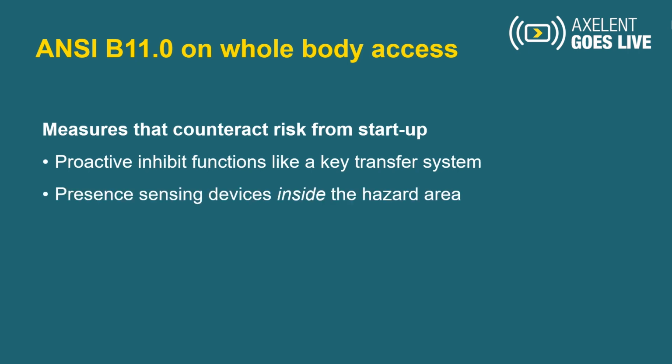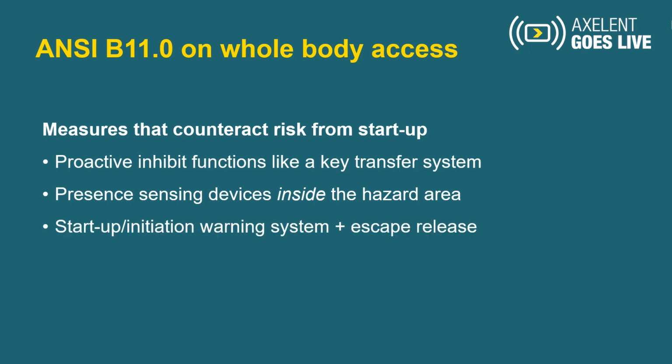Presence sensing devices inside the hazard area. These may range from scanners to contact-sensitive mats, etc. And then there are startup initiation warning systems and escape release on the doors. And finally, a sequential time-limited reset function.